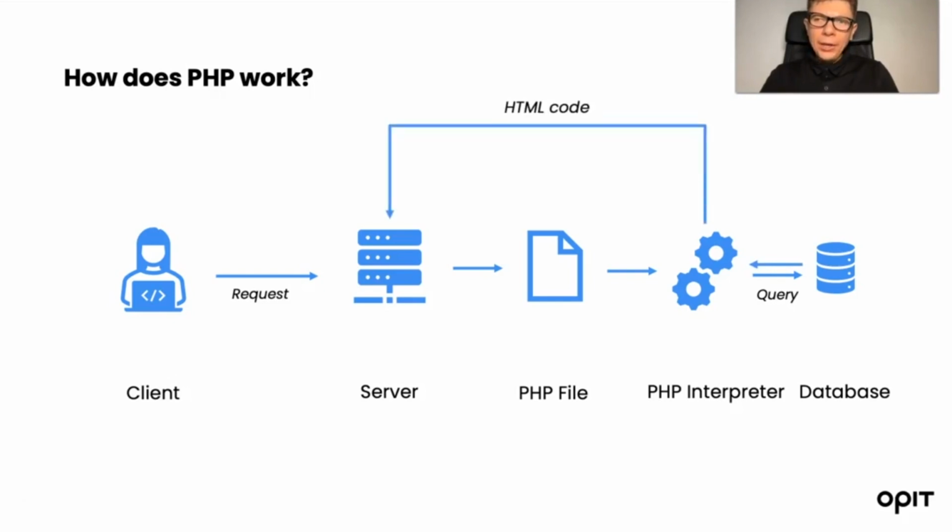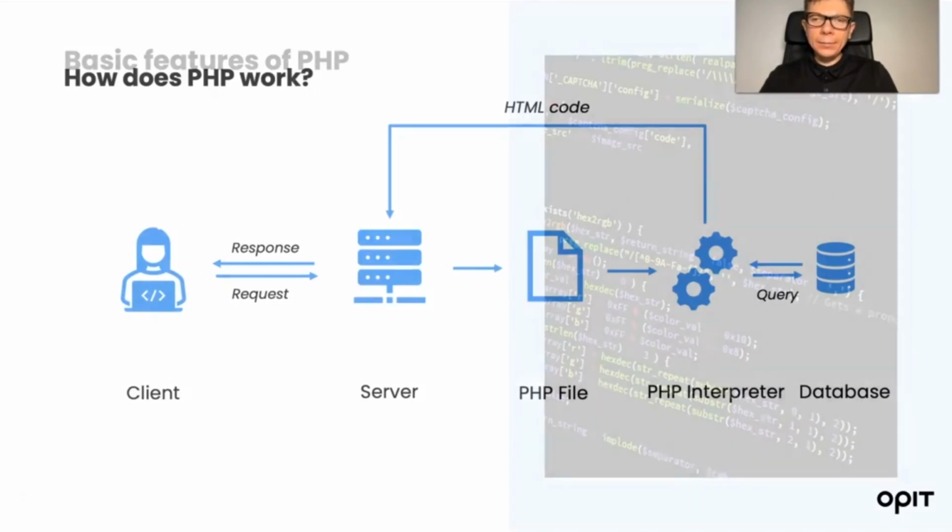In response, the HTML code will be sent back to the server, and the server will provide a response to the client. So as you can see here, depending on the content of the file or its extension, the PHP code will be interpreted, and the resulting HTML code will then be sent back to the client.